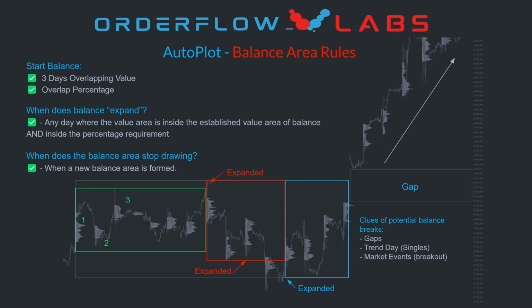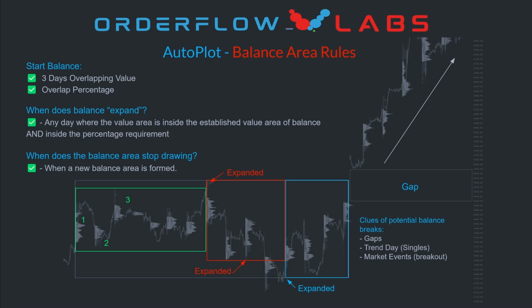We consider volume as acceptance, and that value is the highest area of that acceptance. There are days when value from prior sessions overlap, but it's just not enough to really make sense to include it as a balance area or to expand that balance area.